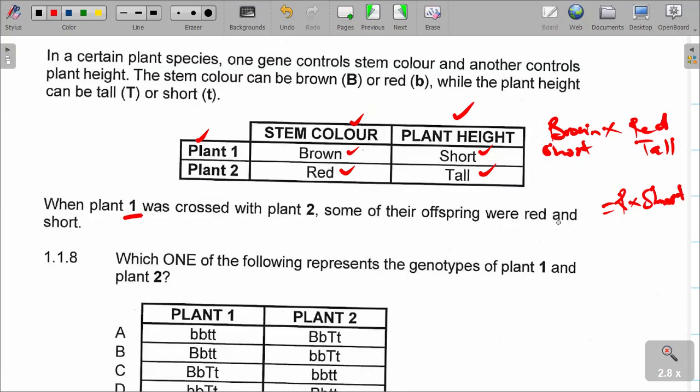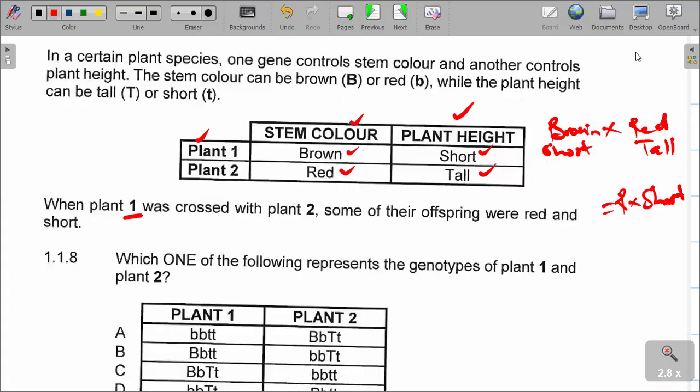So now, given this, the question is saying plant 1 was crossed with plant 2. Some of the offsprings were red and others were short.